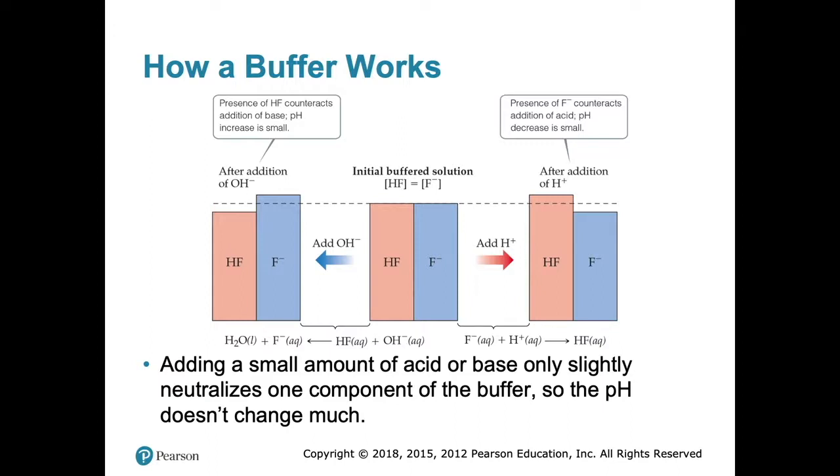But since there's a buffering system in place where we have fluoride ions almost in the same concentration as HF, you can add more protons and the hydrogen fluoride concentration goes up, and the fluoride concentration goes down, but it doesn't change the pH because the protons aren't freely floating around. If the protons are freely floating around, that's when your pH would go down or your acidity would go up.